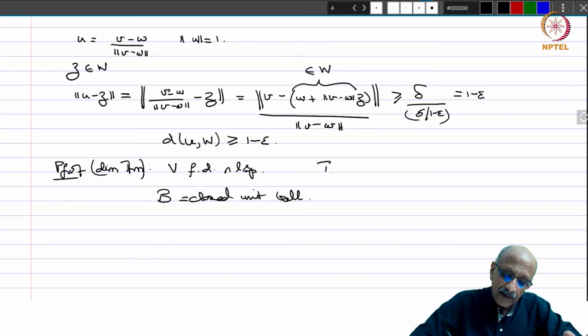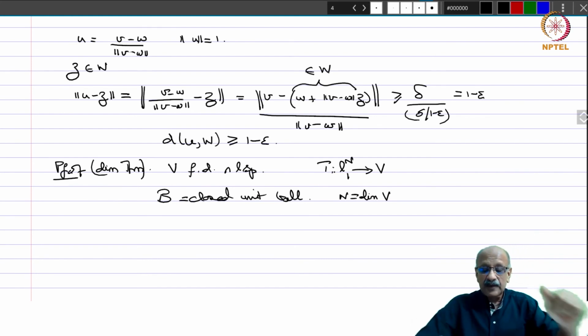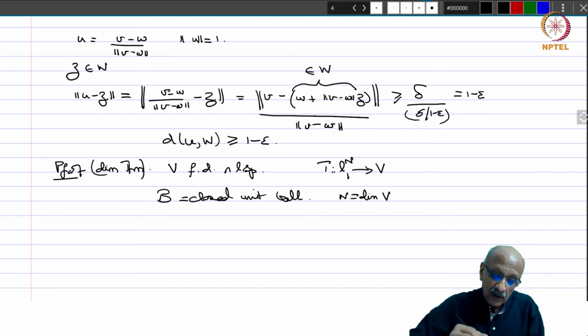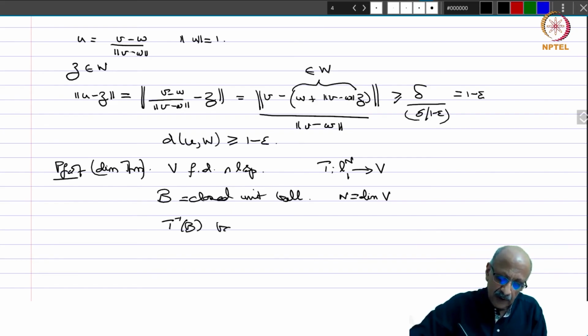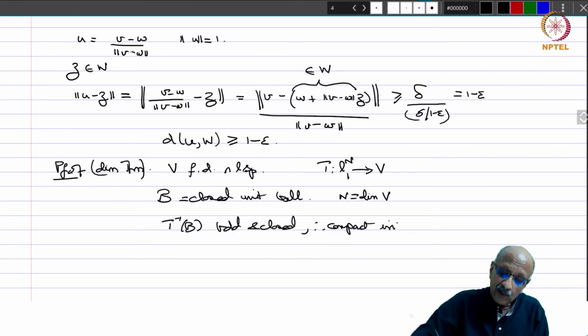Now let T be the mapping which we defined earlier, T from l^n_1 to V, where n is the dimension of V. We saw that this was an isomorphism. So B is a closed unit ball. T inverse of B is bounded and closed, therefore compact in l^n_1.